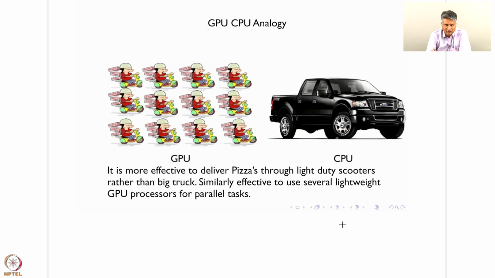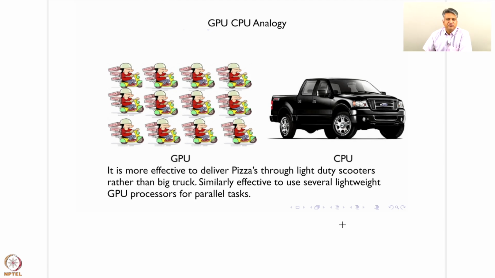Think of the big truck as a CPU. We could also deliver the pizzas by distributing the 10,000 pizzas among 1,000 scooters, each scooter delivering only about 10 pizzas, or doing some lightweight work. That is a more efficient way of distributing these pizzas because it's the same repetitive task.